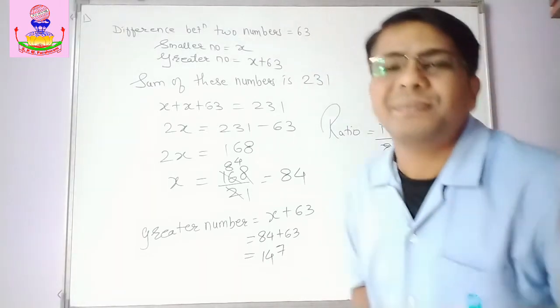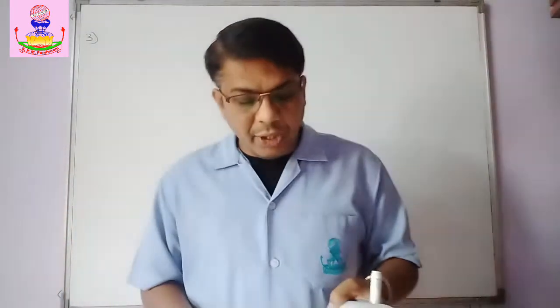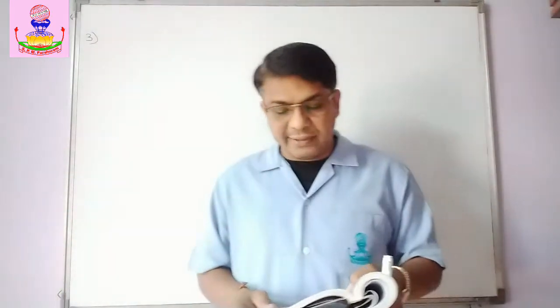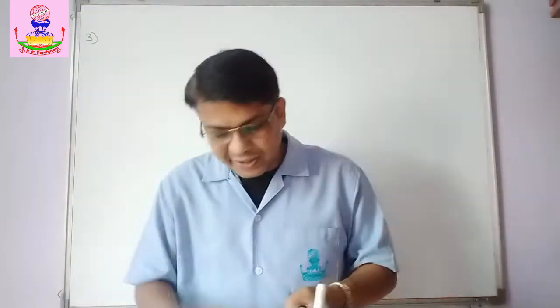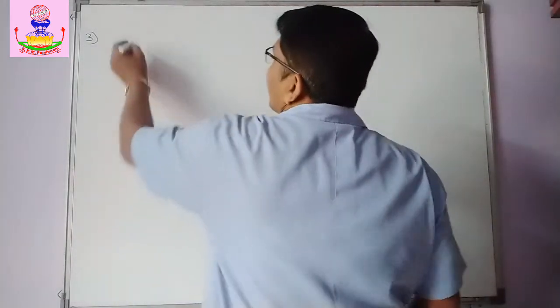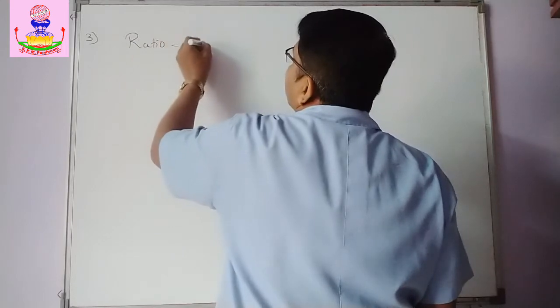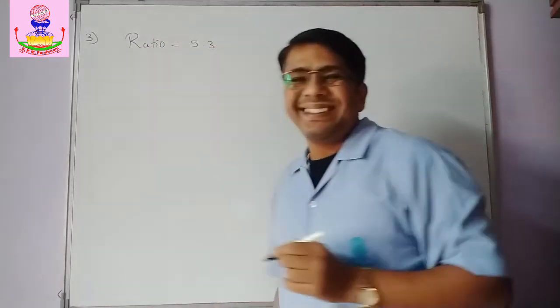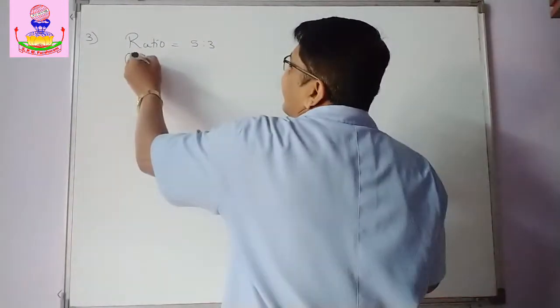Okay, so now the next example. Now see the third: two numbers are in the ratio 5:3 and the difference between them is 16. What are the numbers? So the ratio of the two numbers is given, 5:3. Suppose I take a common multiple x.